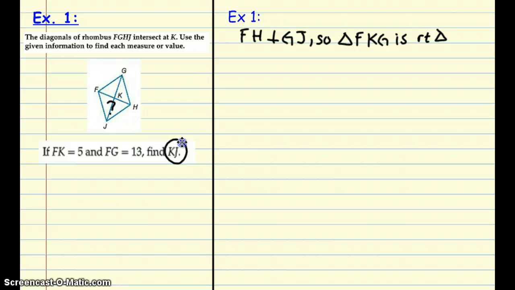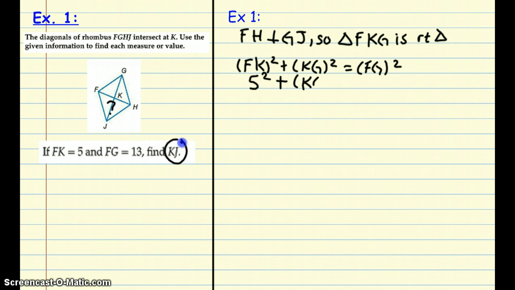From here, we're going to use the Pythagorean theorem because we know it's a right triangle, to help us figure out the length of our missing side. We're going to substitute 5 in for FK. We don't know KG, and we're going to put 13 in for FG, and then solve algebraically.